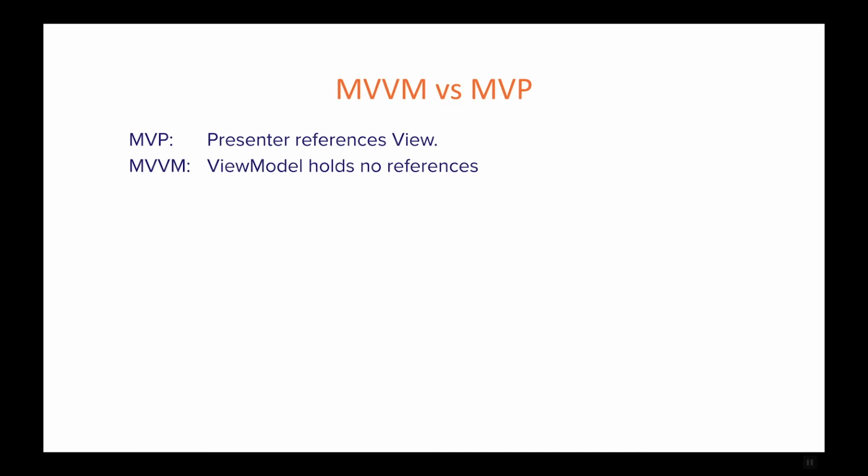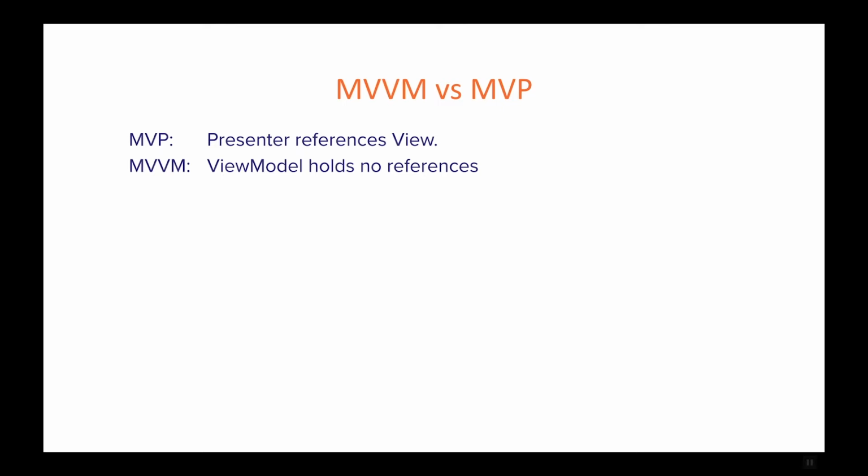So what is the difference between MVVM and MVP? You might be used to MVP. It's a slightly older pattern that we were using in the past for Android. MVP means Model View Presenter, and we have renamed the presenter to ViewModel. Now, there's more to it than just this change of name.